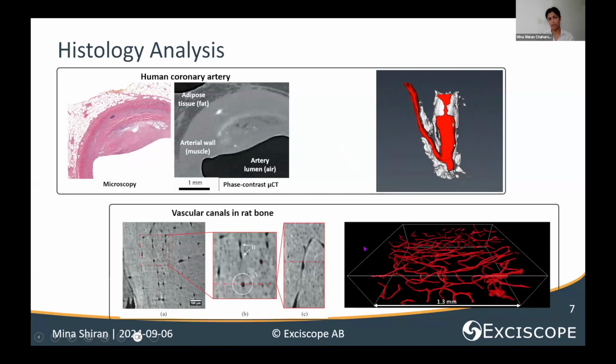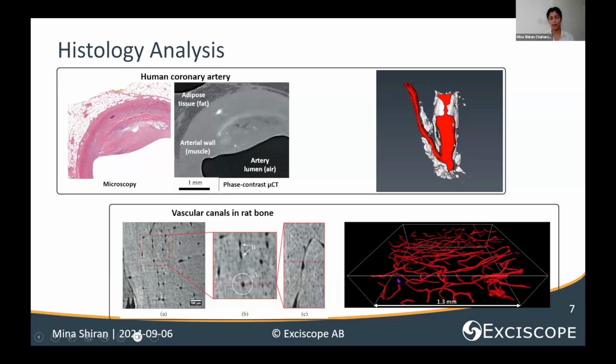Another example here is phase contrast micro-CT imaging on rat bone. And you can see that there are some small holes that represent the vascular canals. You can virtually slice these images and see the image in different directions.